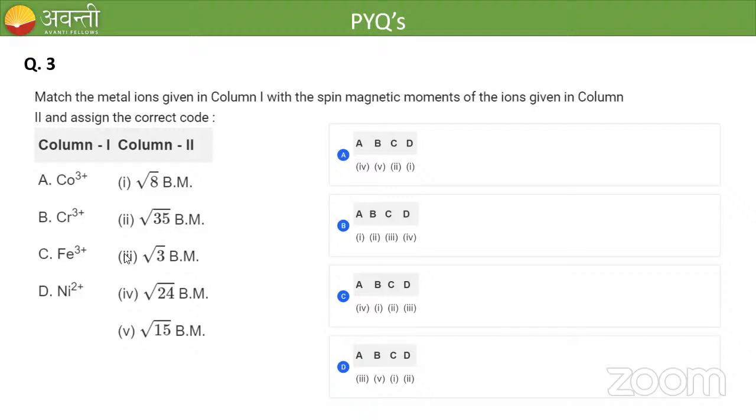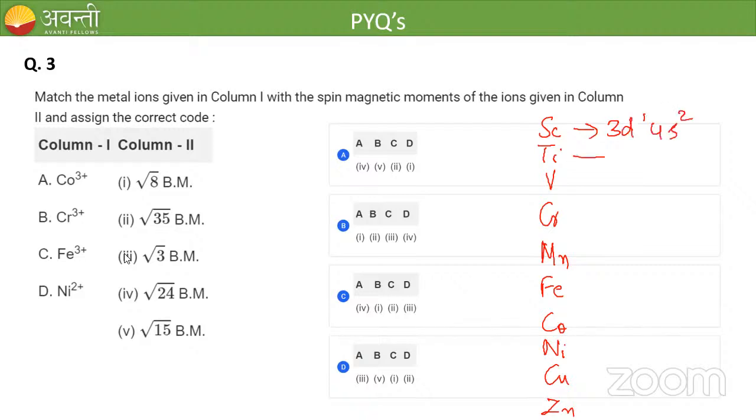Try to write the electronic configuration for all the elements: scandium, titanium, vanadium, chromium, manganese, iron, cobalt, nickel, copper, and zinc. For scandium, the configuration is 3d1 4s2. For titanium, it is 3d2 4s2.